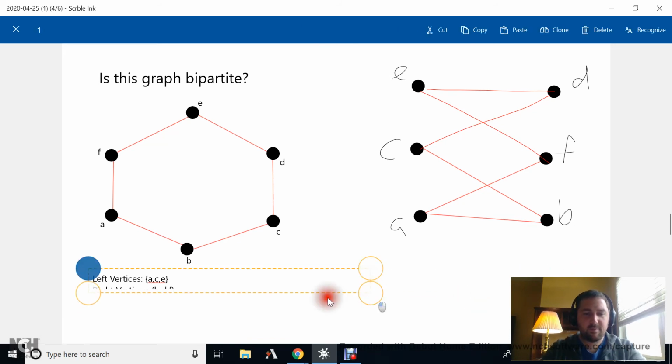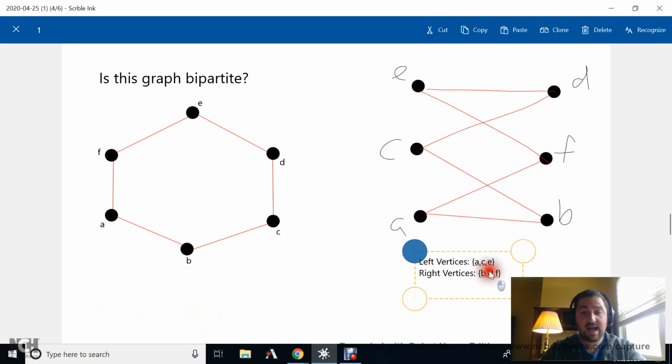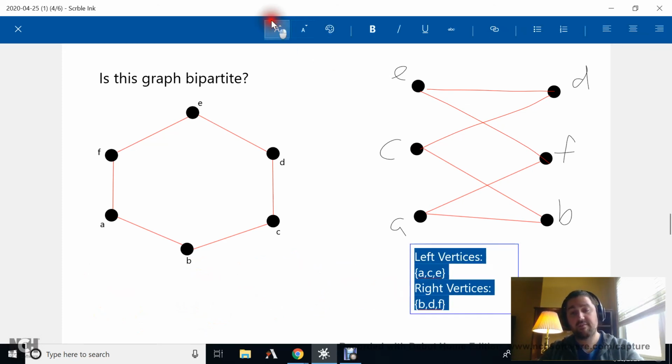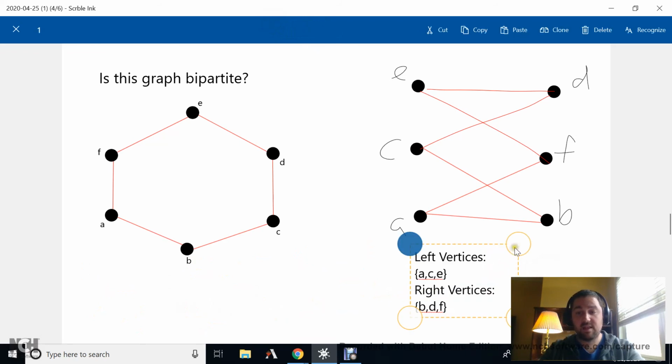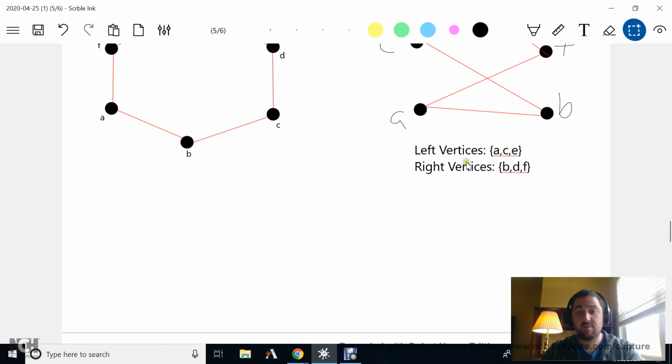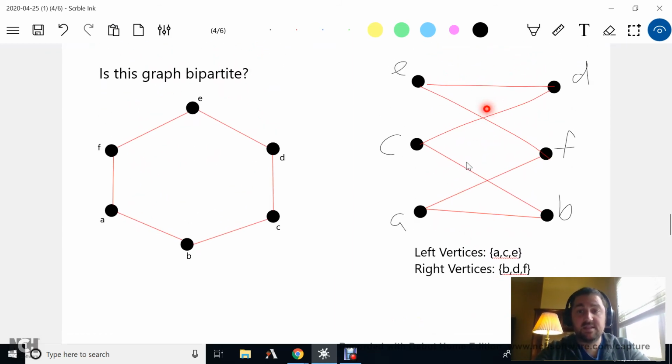From a graph theory standpoint, this is the same thing as drawing the graph. So you can either draw a graph or give the left and right vertex splits. Okay, make sure you can fully see that, right? So this thing right here is effectively the same thing as this thing right here if you're just trying to answer the question, is it bipartite?